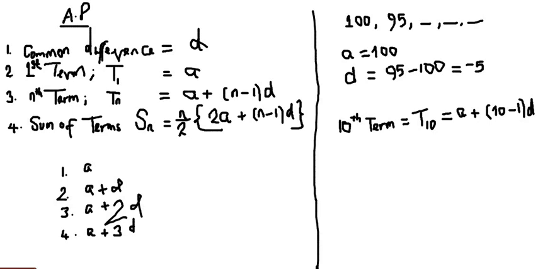Then we can substitute the information we have. A is 100 plus 10 minus 1, that is 9, times D, the common difference, which is -5. So this will give us 100 plus 9 times -5, that will give us -45.